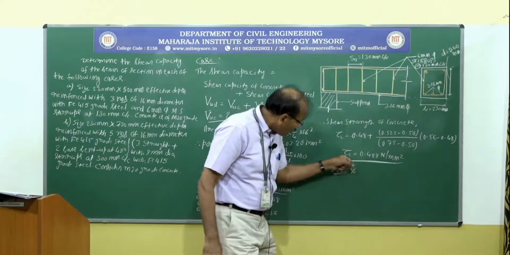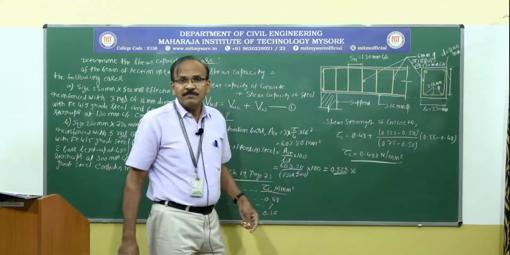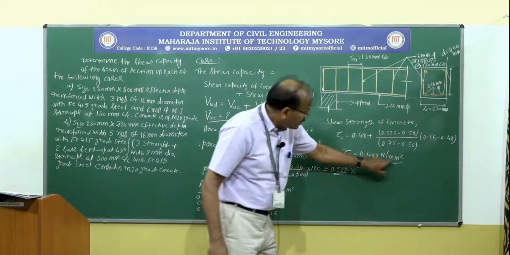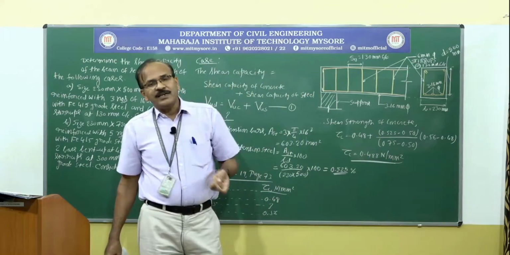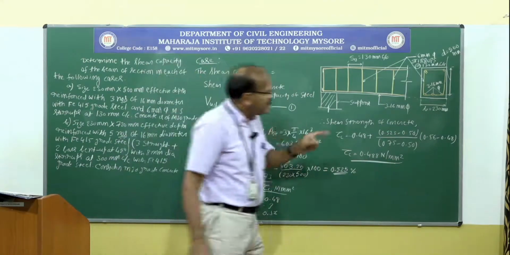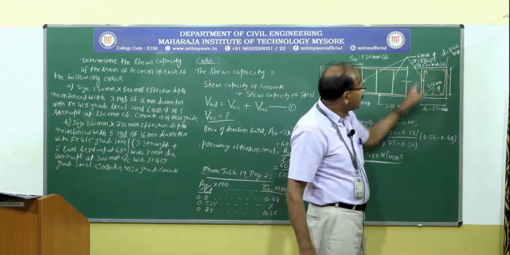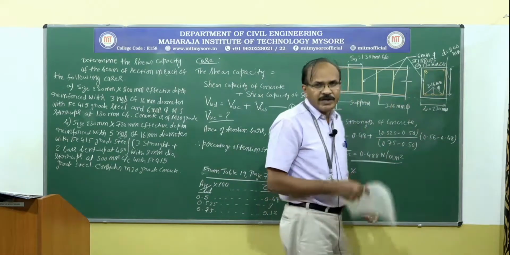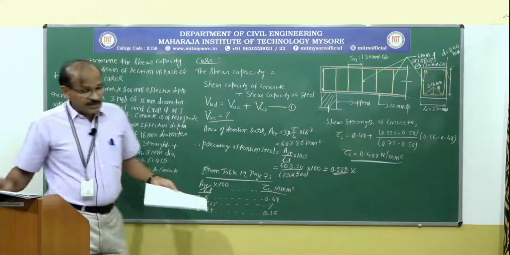Is it clear? Once we have this value tau C, this value is for unit area. So multiply that value by the effective area of the concrete section.